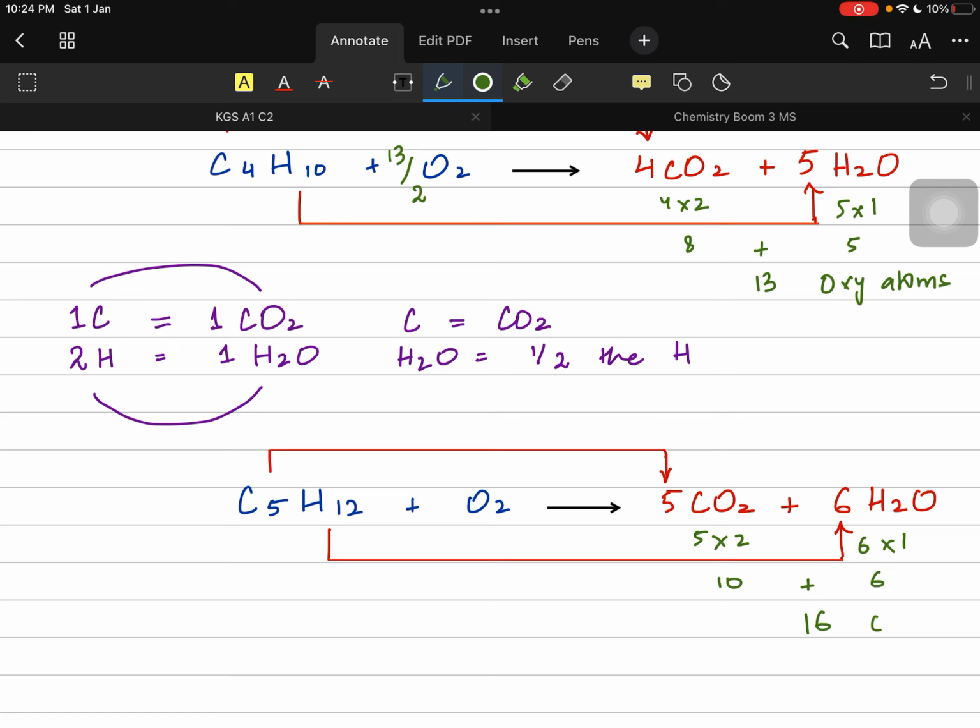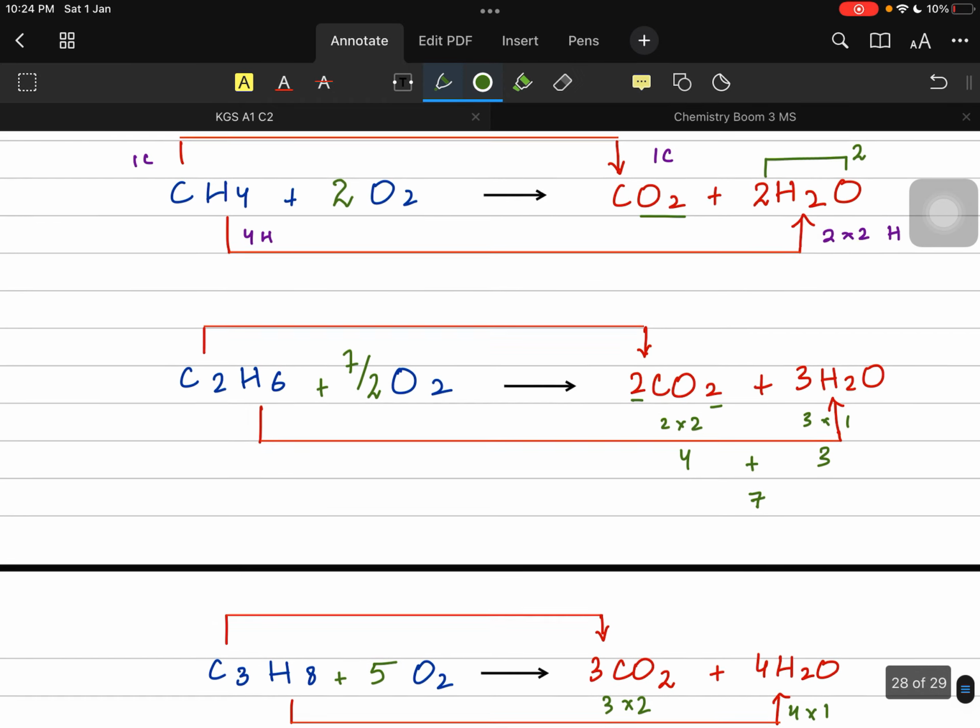I need 16 oxygen atoms. But when I'm talking about a diatomic molecule, I get 8 oxygen molecules, because 16 atoms can be present in 8 molecules. And I got 5 carbon dioxide molecules and 6 water molecules.